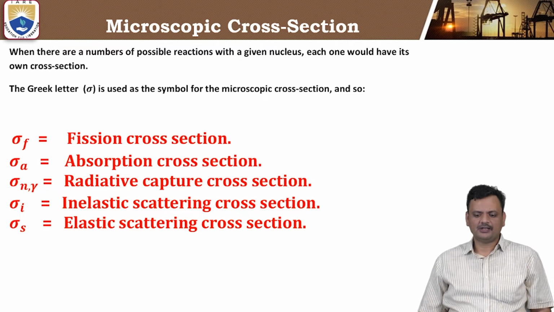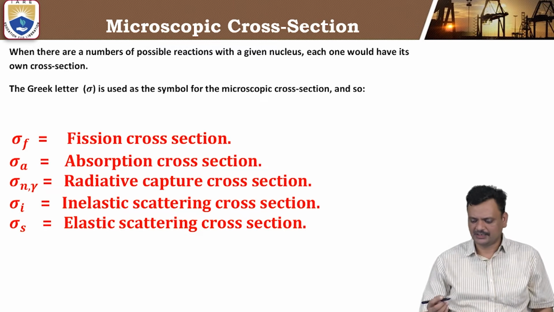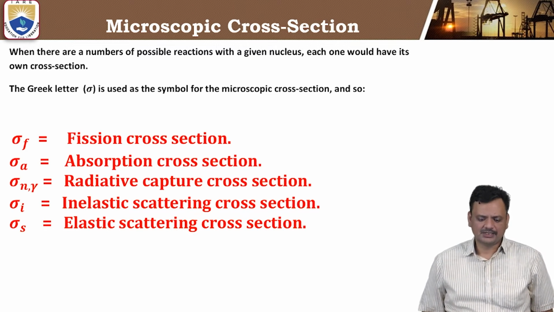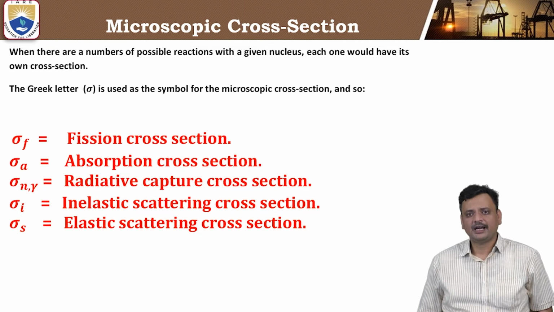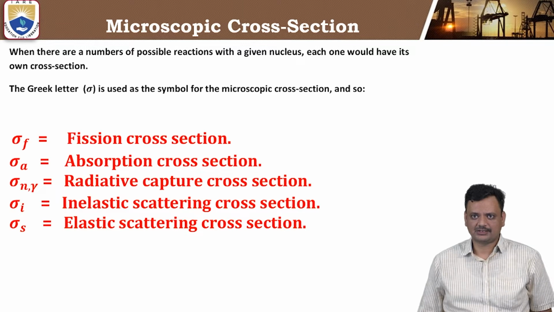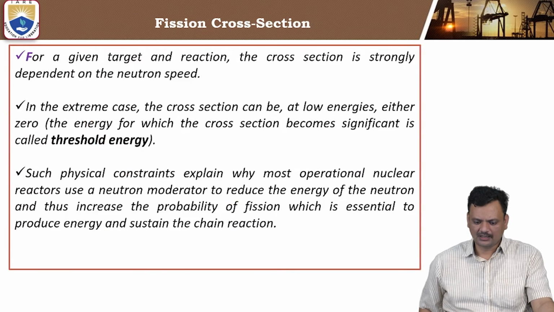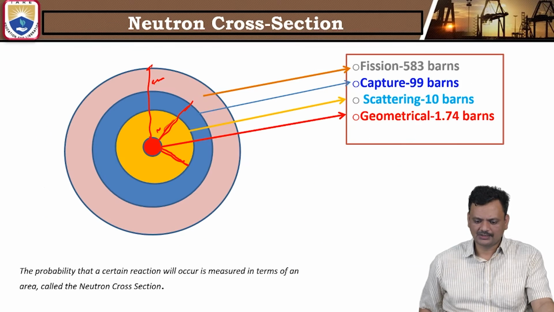So further, this cross section will be classified as a fission cross section, absorption cross section, radiative capture cross section, inelastic scattering cross section, and elastic scattering cross section. Means all are cross sections.